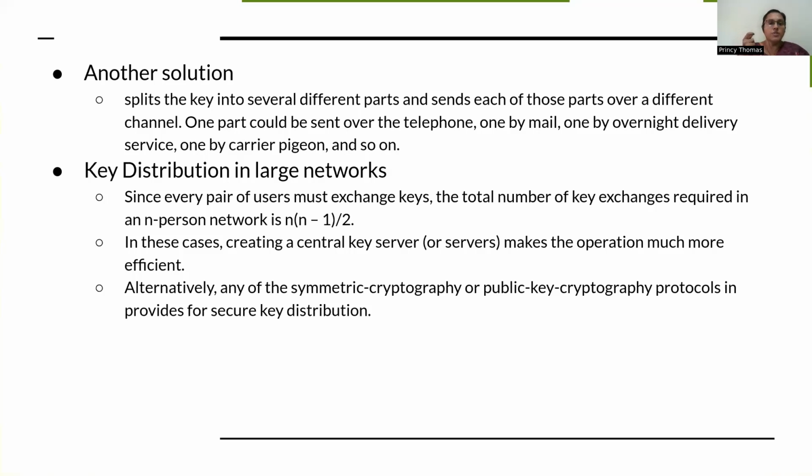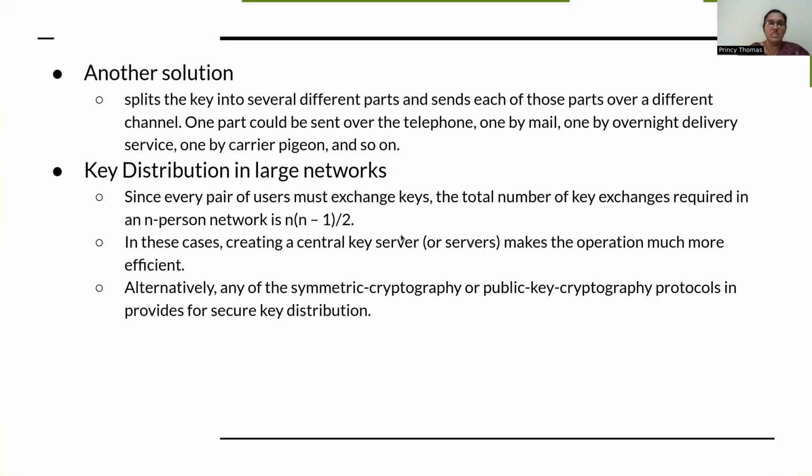Okay, now key distribution in large networks. We've seen this earlier also. For every pair of users, keys need to be generated. So if there are n users in the network, n times (n minus 1) divided by 2 keys are required. So this is a very large process.